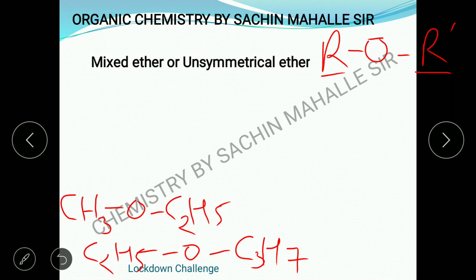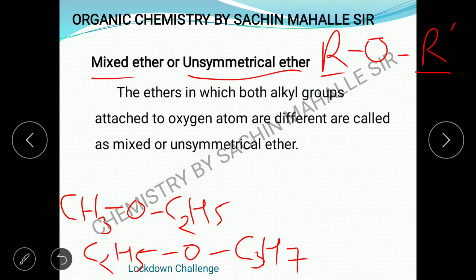That compound we call mixed ether or unsymmetrical ether. What is the definition then? The ether in which both alkyl groups attached to the oxygen atom are different is called mixed ether or unsymmetrical ether.